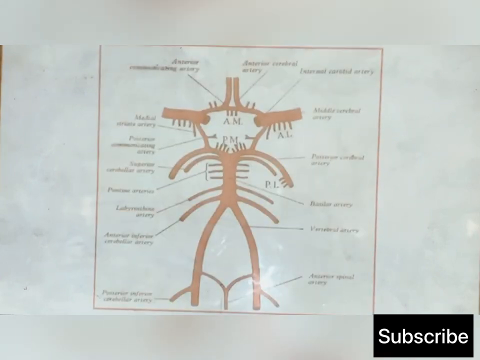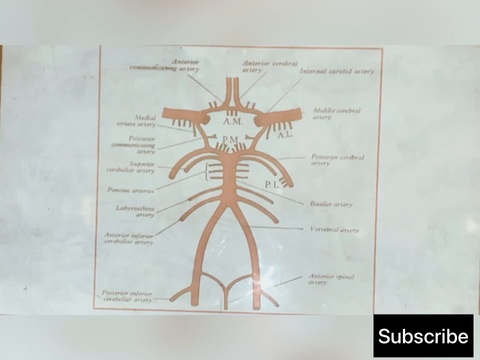But actually, this is the actual diagram where you will understand it very well. Are you clear? So if you now look at this diagram, this is one of the vertebral arteries on either side. Each of the vertebral arteries, before it unites, gives a branch, what we call the posterior inferior cerebellar artery, PICA, P-I-C-A, to supply the posterior inferior part of the cerebellum.